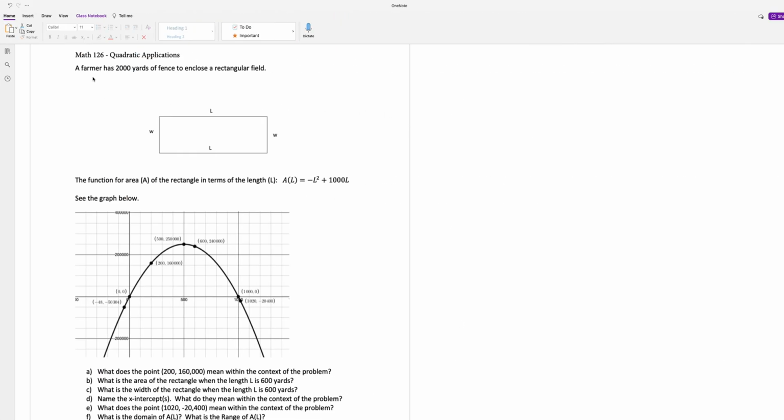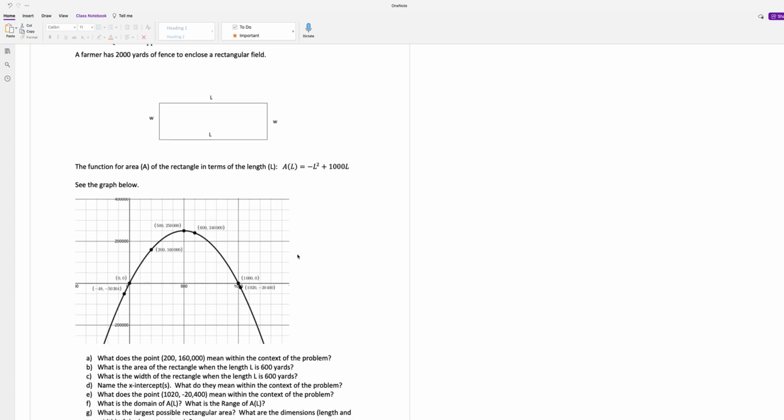A farmer has 2,000 yards of fence to enclose a rectangular field. First of all, let's take a look at the picture. We have this rectangle with width and length labeled.